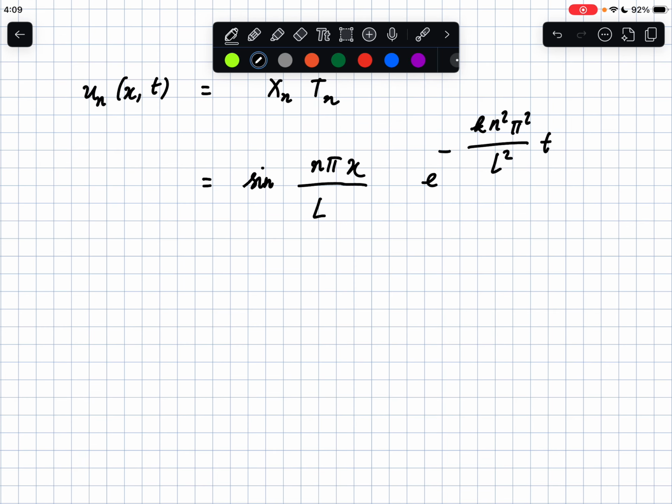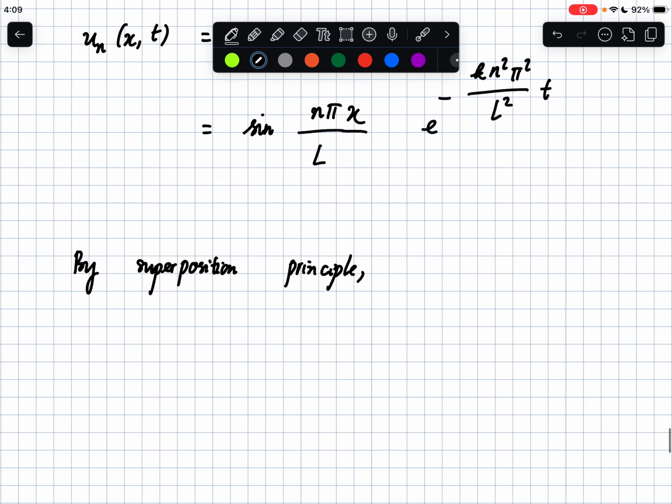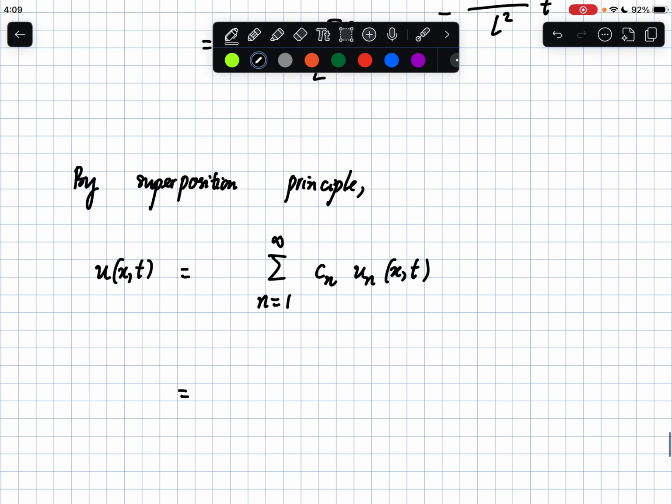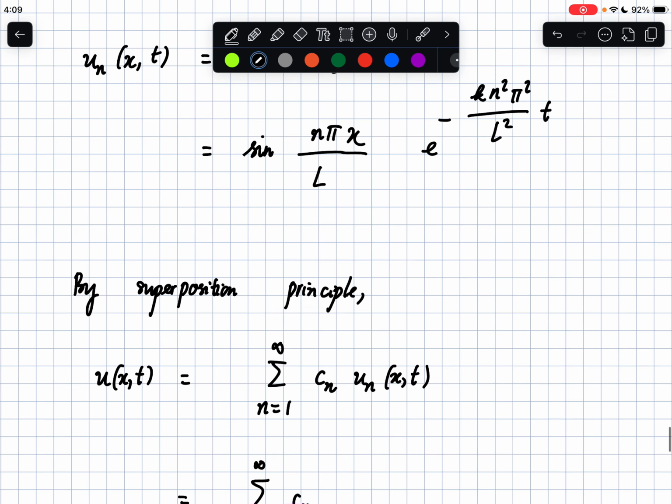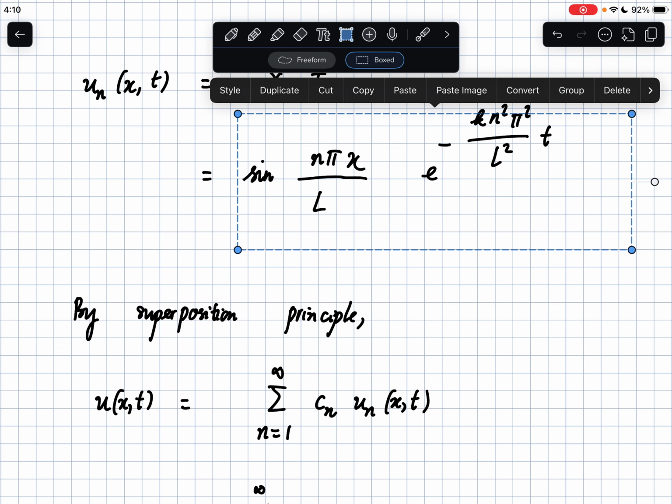Now by the superposition principle, we can just take the summation of all such un. The general solution u of x, t equals the summation of cn un of x, t, running from 1 to infinity. So we have the summation n from 1 to infinity, a constant cn, multiplied by the entire thing here.